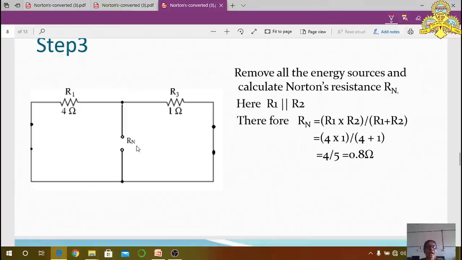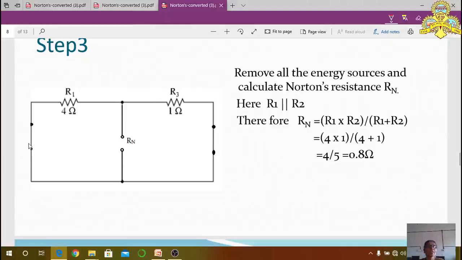Then you calculate RN by removing the load resistor and short circuiting the voltage sources. If any current sources are there, then you reduce that current source by open circuit. Here both the energy sources are voltage sources.